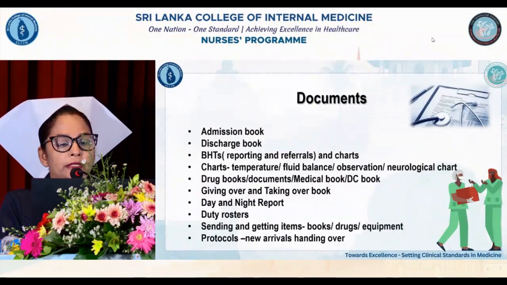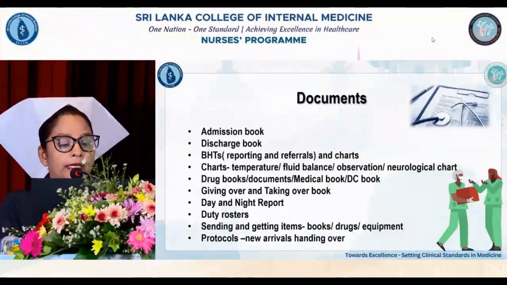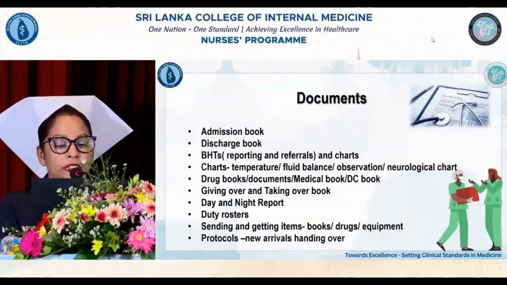And what documents would you have to check? Admission books: check whether they are available or missing. Discharge book, and whether all the BHTs are available or have been taken somewhere else. Charts: temperature charts, fluid balance charts, observation and neurological charts.